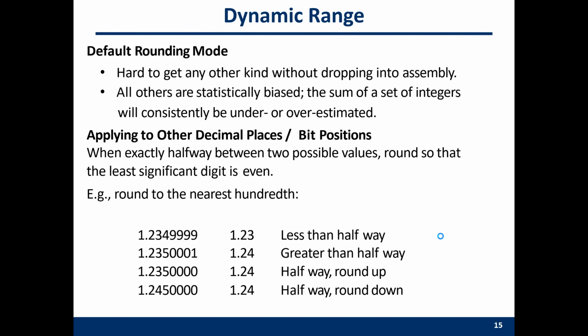Less than half, we do not apply plus one to the digits. But if it's a 2, 3, 5, then we round up, because this is 5, larger.